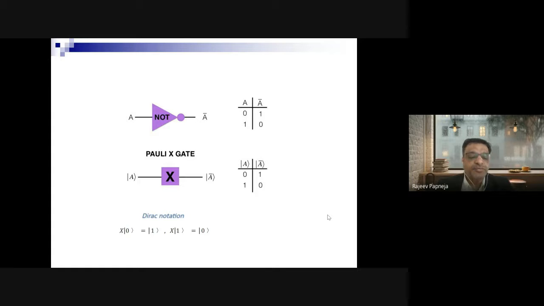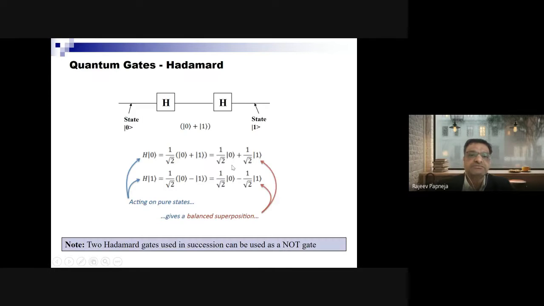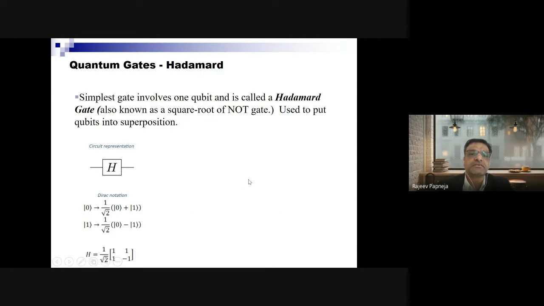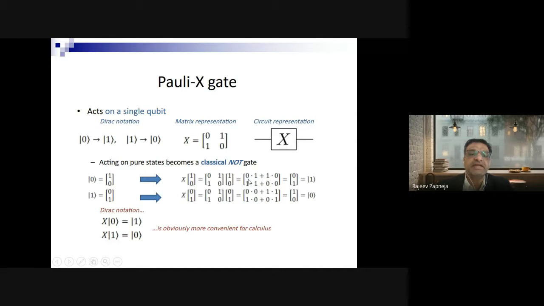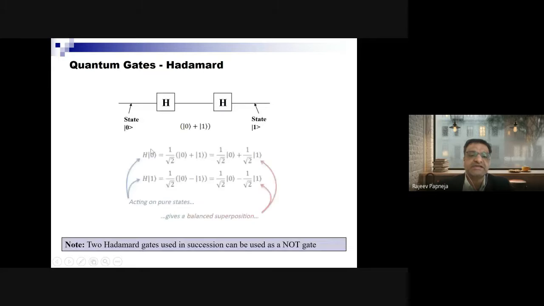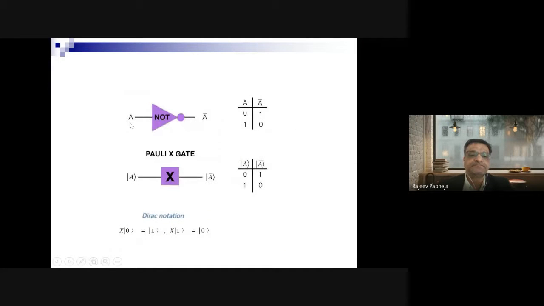Just going back to the Pauli X gate, which is the equivalent of the NOT gate that we saw. We saw that the Pauli X gate was 0 to 1, 1 to 0, and that is the equivalent of our classical NOT gate. In a classical NOT gate, if A is 0, the output A bar is 1, and if A is 1, A bar is 0.